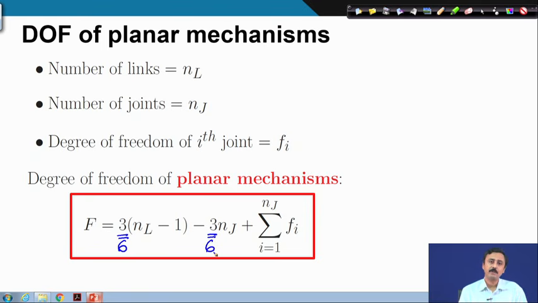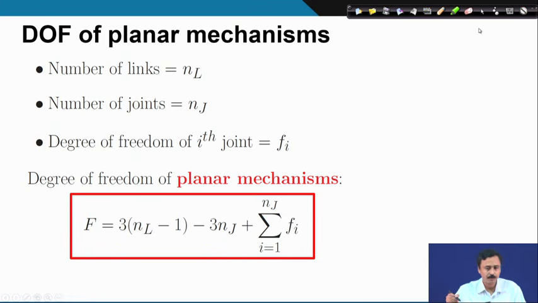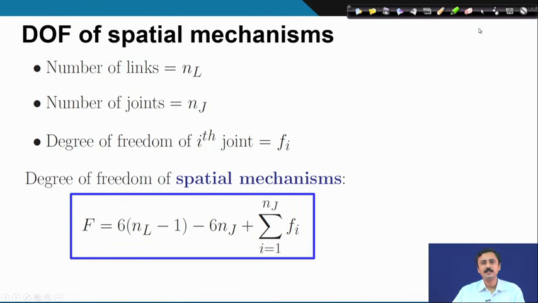Other things will remain the same. So, formally in a spatial kinematic chain, we have 6 times (NL minus 1) minus 6 times Nj plus summation of degree of freedom of individual kinematic pairs.